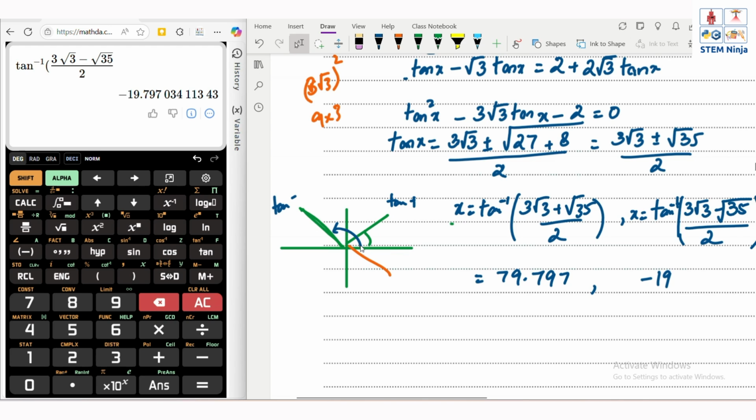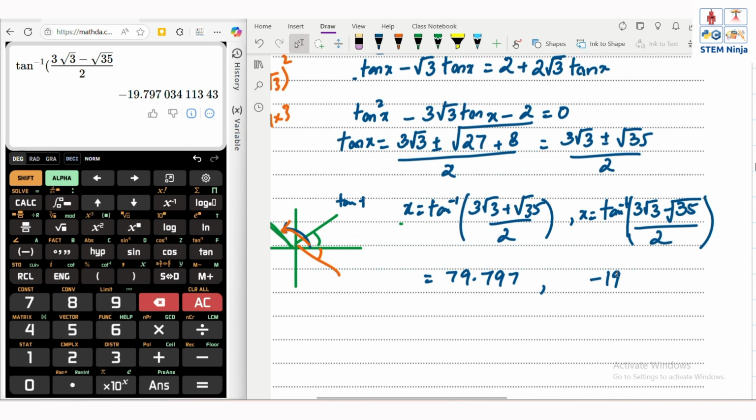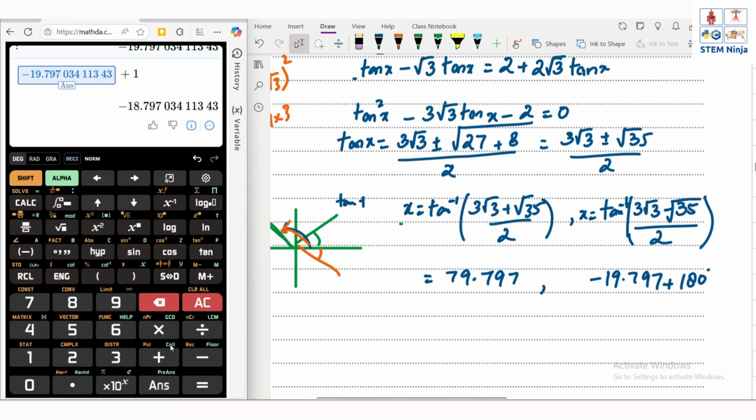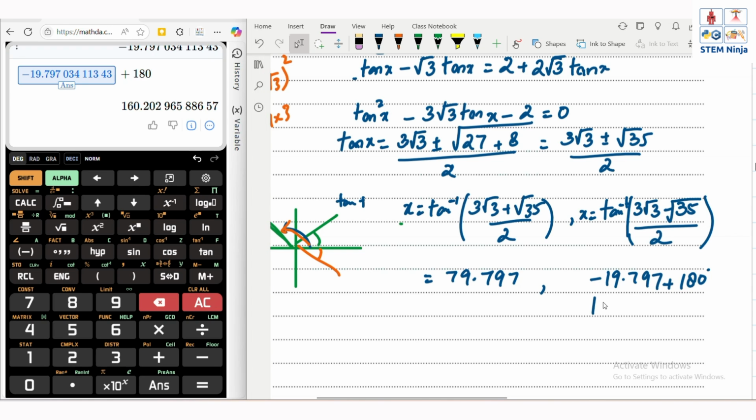Since we just wanted the second quadrant, we just added 180 to get this answer over here, or subtract minus 19.797 from 180 degrees. So plus 180 gets us 160.2, and the first can be rounded to 79.8. So these are the two values of x.